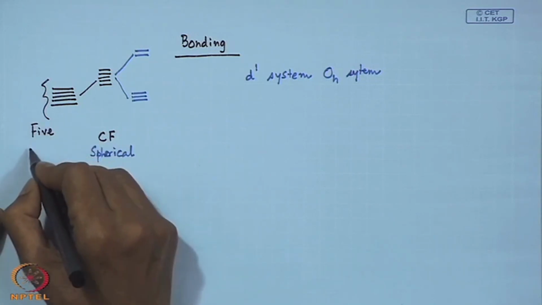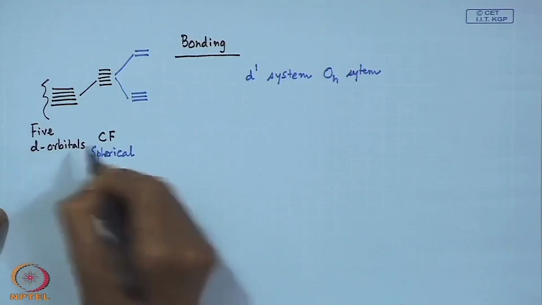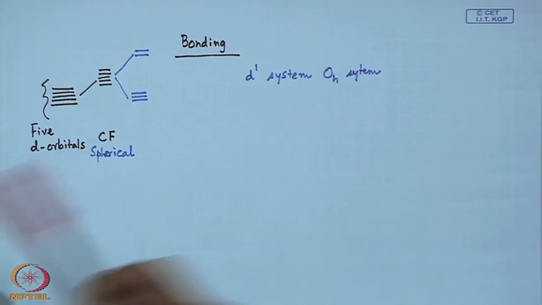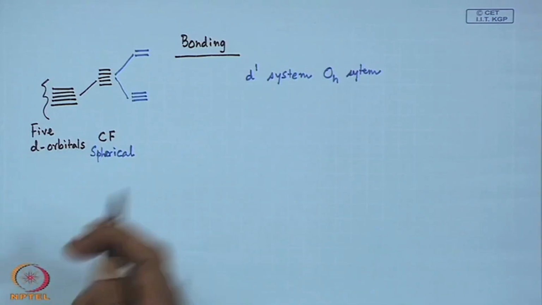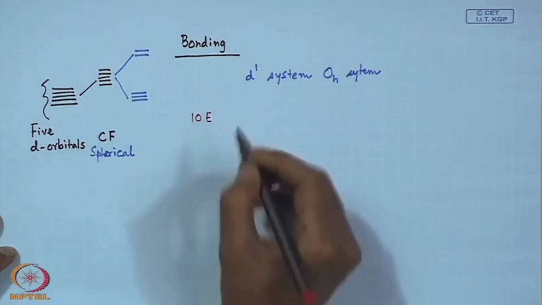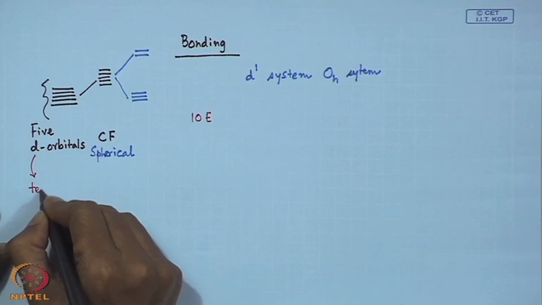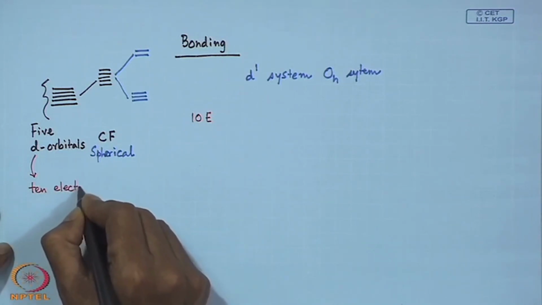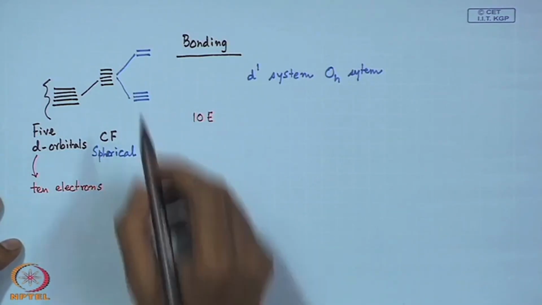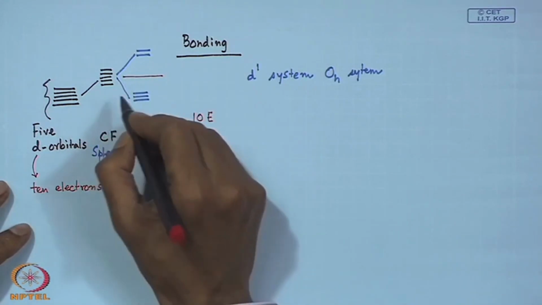On the left hand side we have the 5 d orbitals, and when we consider that altogether we have 10 electrons, 5 d orbitals means we have 10 electrons, and these 10 electrons can have the corresponding occupancy before the splitting and after the splitting also.